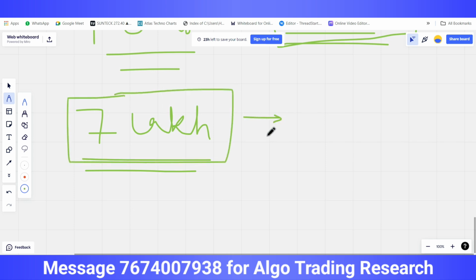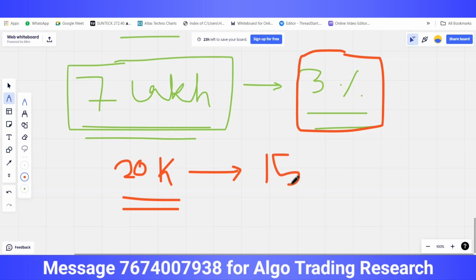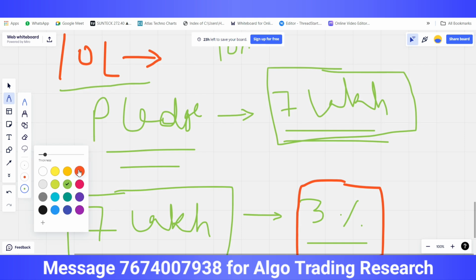Now even if you make 3% every month, let us assume that you are able to make 3% using option selling strategies every month, it will help you create approximately 20,000 rupees extra income on the deployed margin that you have. Let us assume that even 4 to 5,000 rupees would be charges, 15,000 rupees would be the extra income that you will be making apart from the stocks. The stocks will give you whatever returns they are going to give you. Let's assume that they are going to give us 14-15% CAGR.